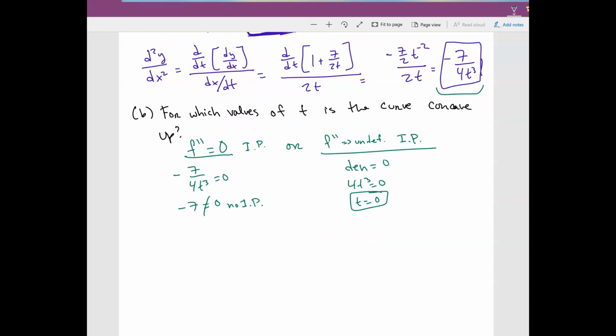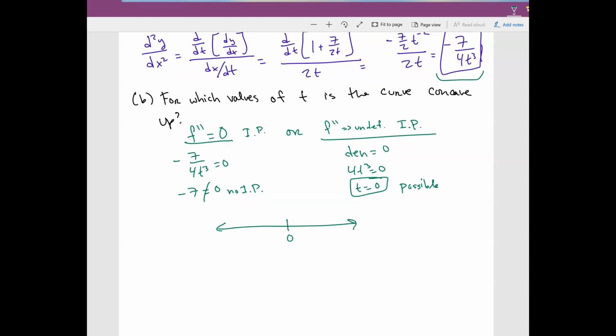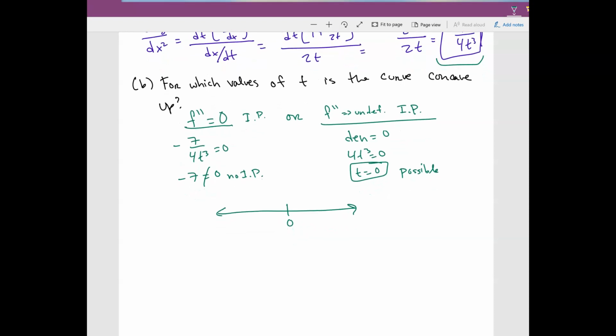I'm writing possible because an inflection point is just when it changes concavity. So now we're going to check points. Remember that if the second derivative is negative, it is concave down, and if the second derivative is positive, it's concave up.